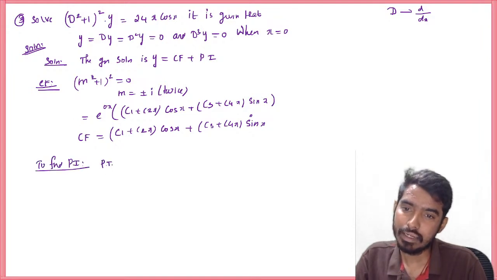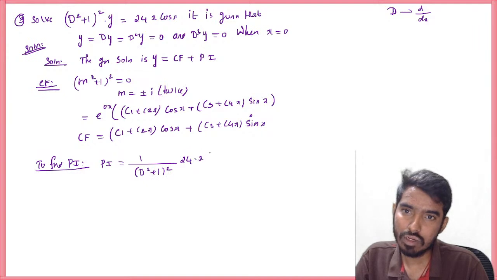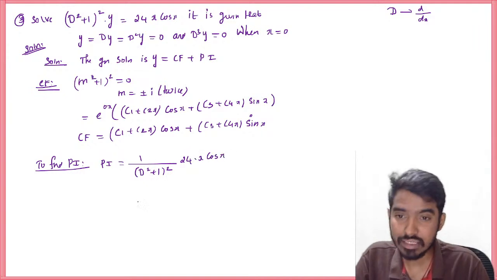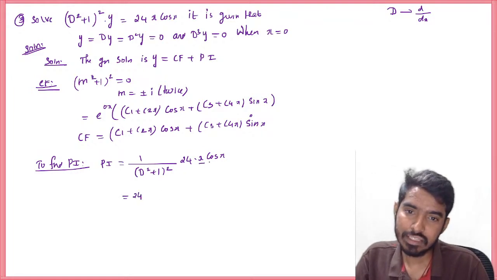the particular integral is 1 divided by (d square plus 1) whole square, 24 times x into cos x. So how will you do it? So 24 x into v.